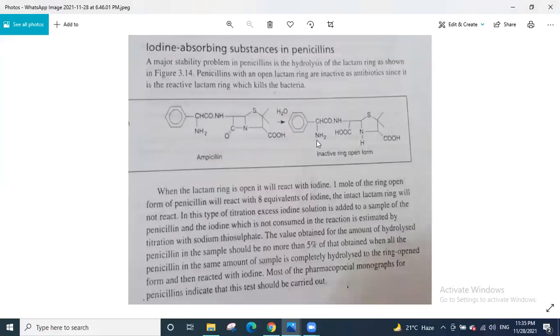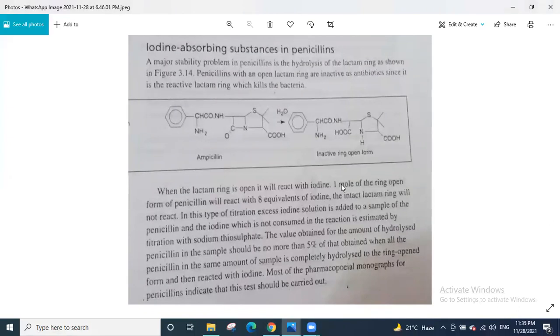So if we want to know how much of the beta-lactam ring-open form, the inactive form of the ampicillin, is there, then how do we find out? With the help of iodine. Iodine can only react with the open form of the beta-lactam ring. When the lactam ring is open, it will react with iodine. 1 mole of the ring-open form of penicillin will react with 8 equivalents of iodine.